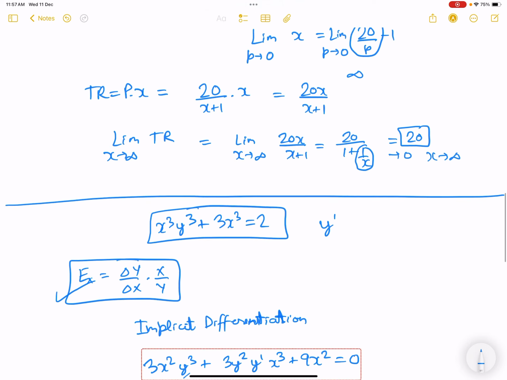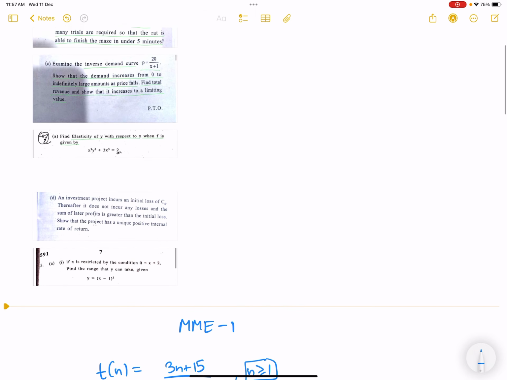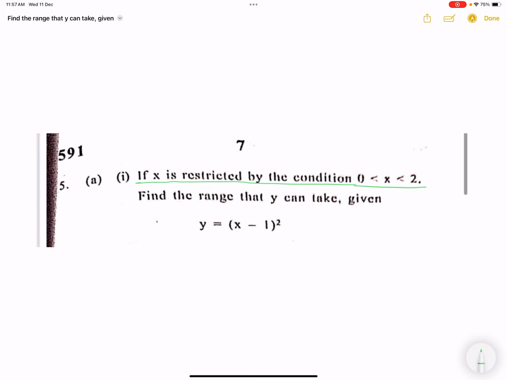Okay. Now moving on to the next question. So we are left with two questions only. If x is restricted by the condition 0 is less than x is less than 2, find the range that y can take given y equals x minus 1 whole square.